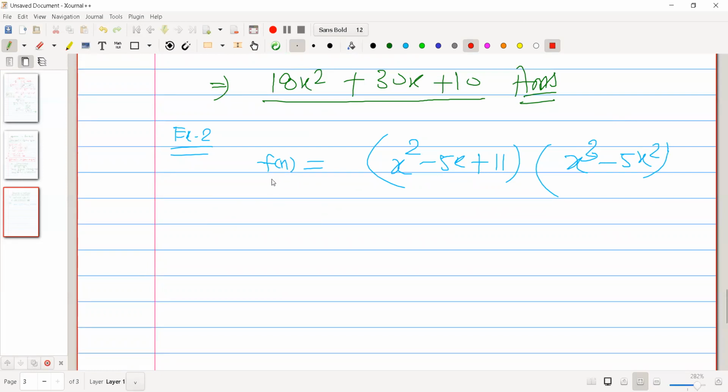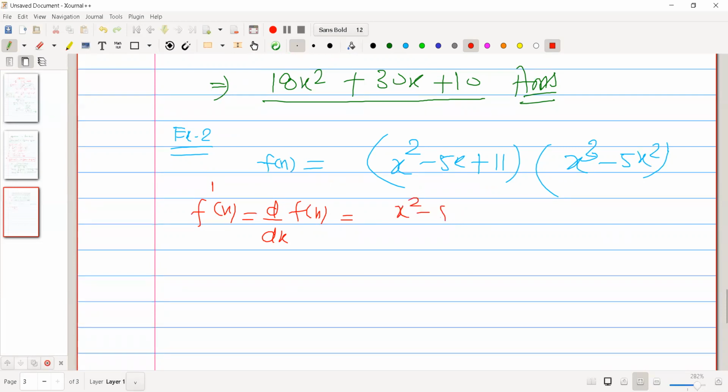We have to find the derivative of that, so we write f dash x, otherwise dy by dx of f(x); this is only representation. First just apply the product rule.